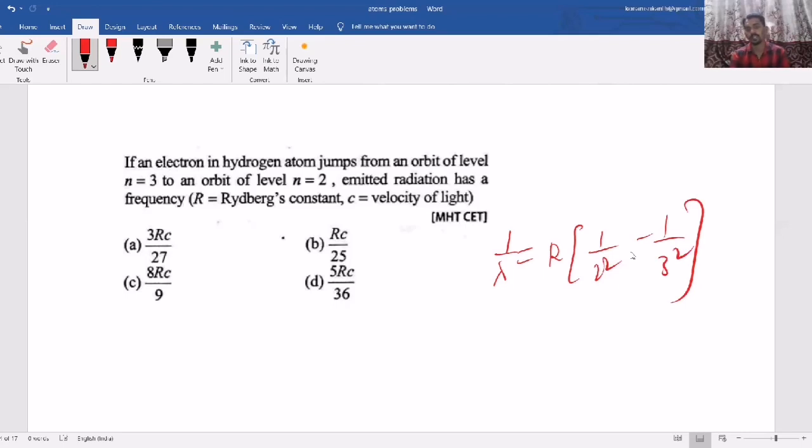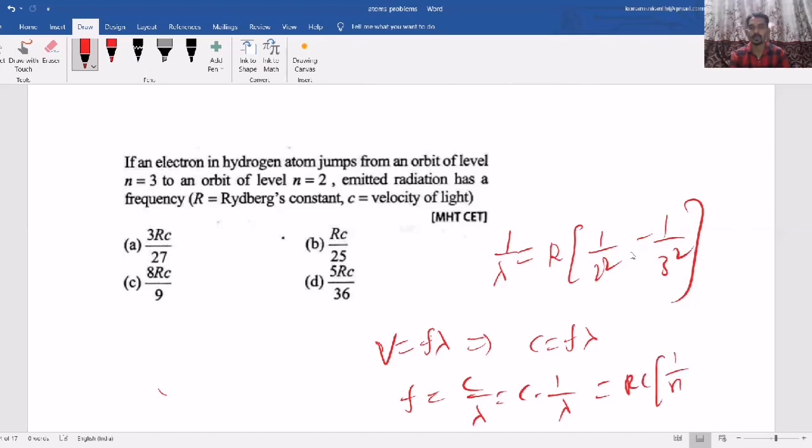Now this is wavelength. Now frequency f equals c by lambda. Here photon means light, so speed of light c equals f lambda. Now f equals c by lambda, nothing but c into 1 by lambda. That means if you multiply, it is Rc into 1 by n1 square minus 1 by n2 square.